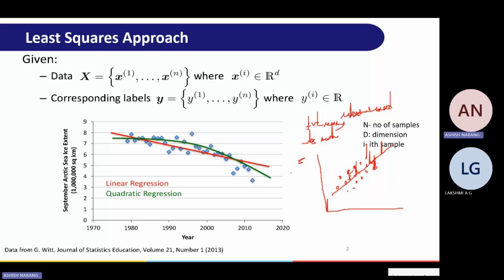So what we do typically is take the distance of the point to the line, right? The points which lie above the line are already positive. The points which lie below the line are negative. So we square that error. Let's say the distance of point 1 with respect to the line is E1. So we'll take E1 square, plus E2 square, plus E3 square, plus E4 square, right, up to En square.